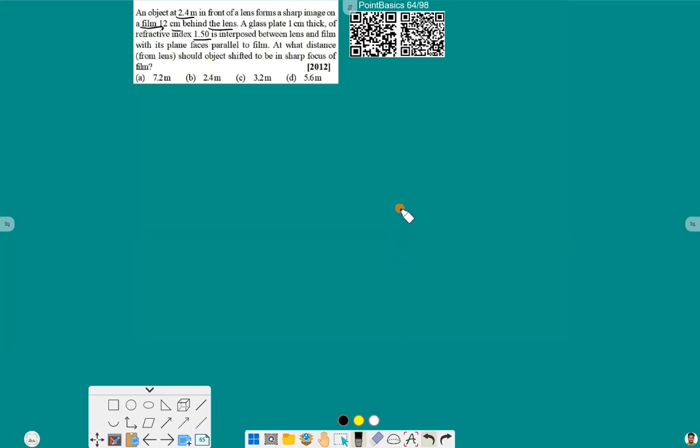Now, first of all, let us discuss what happens when we add some glass plate between the lens and the screen. So suppose this is our lens, and this is the principal axis here, and this is some glass plate of some thickness which we have added.